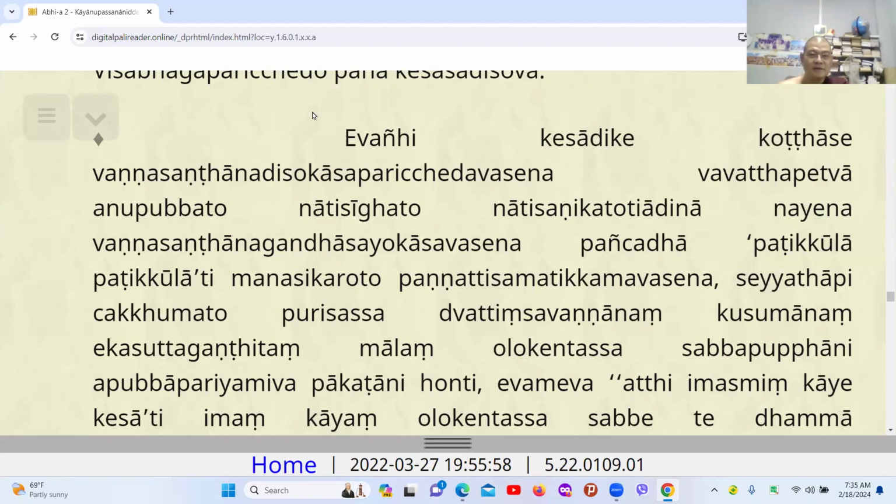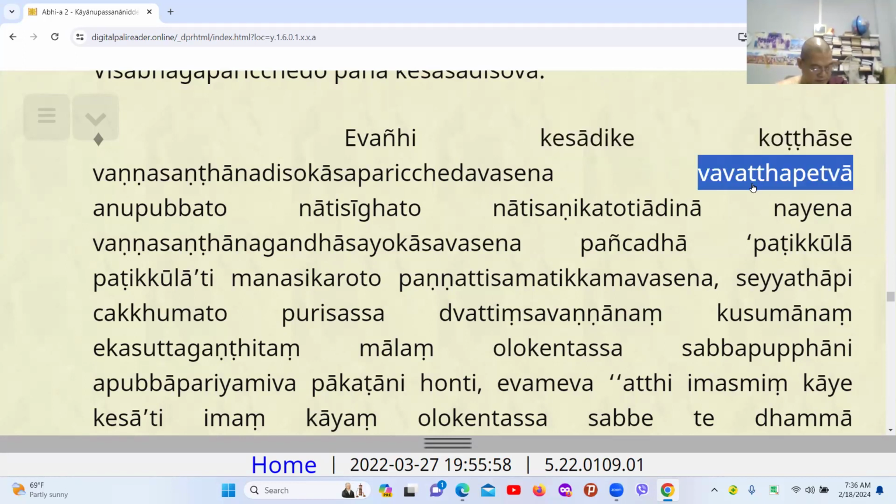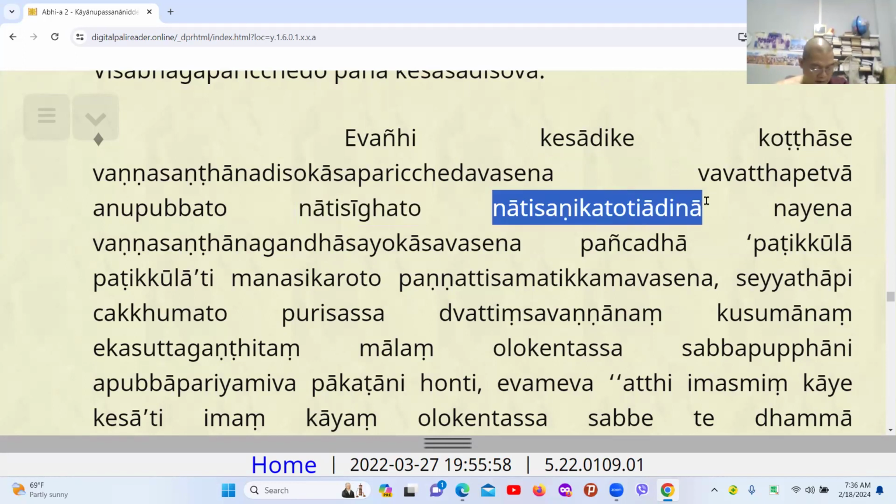A1, here, the arising of absorption. How does absorption arise? Observe all these 32 parts of the body. Kesa, Loma and so on, the 32 parts of the body, by these five aspects, classifying them, orderly, one by one after another, not too quickly, not too slowly.